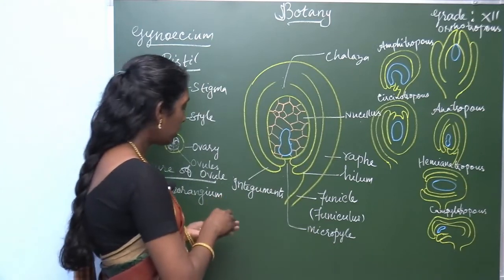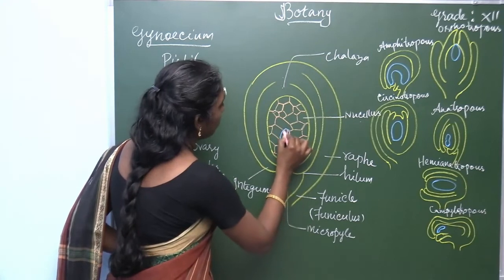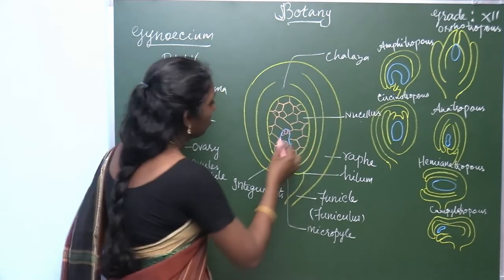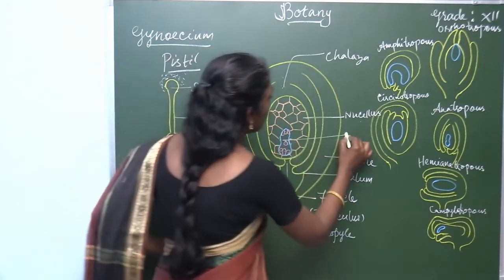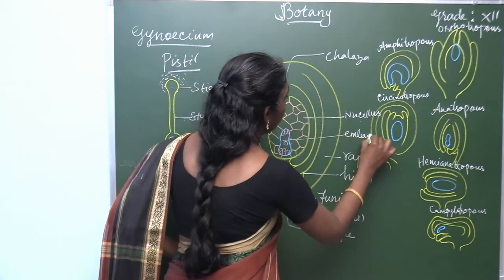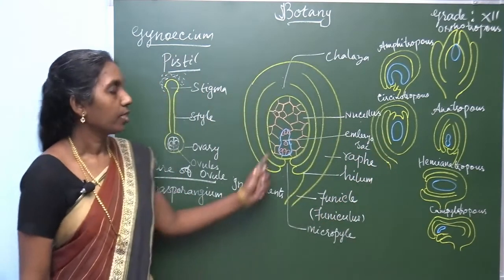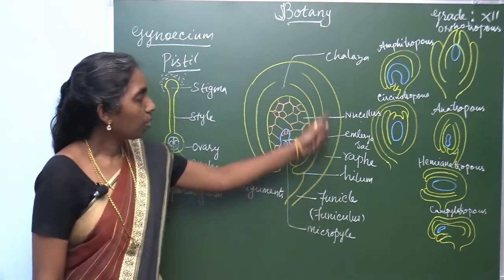It's called the embryo sac. So in the structure of ovule, these are the parts.